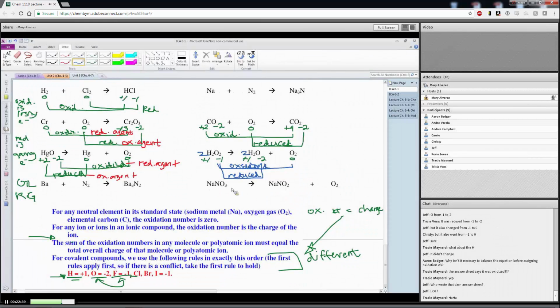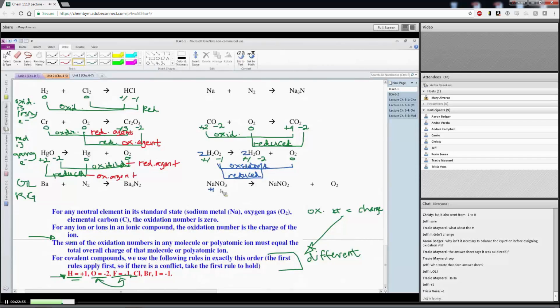So ionic compound, what is the charge on the sodium? +1, perfect. And the charge on the nitrate is -1, but I can't look at the whole nitrate. I have to look at each individual atom.